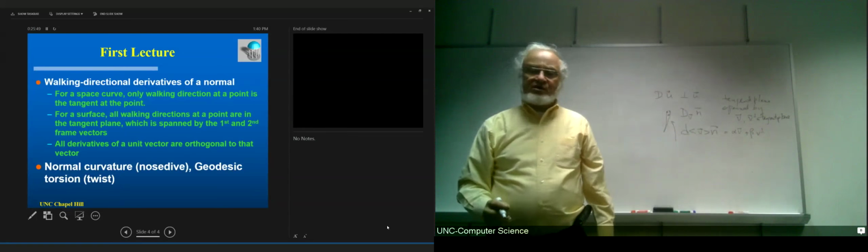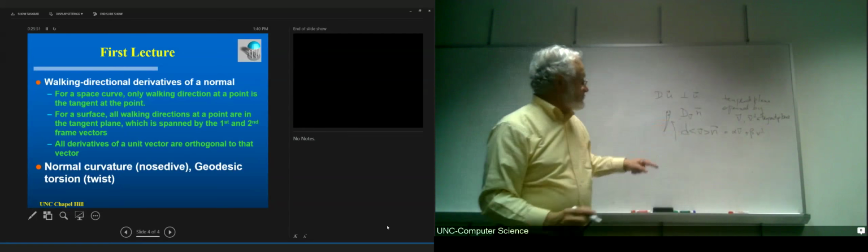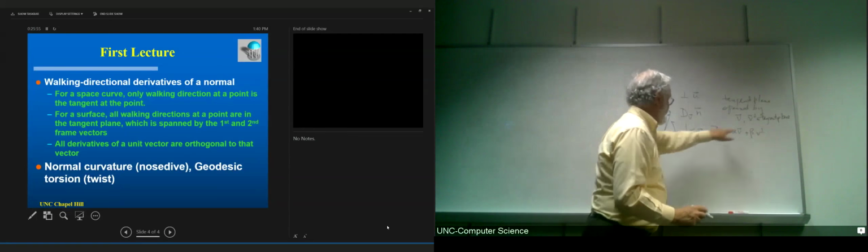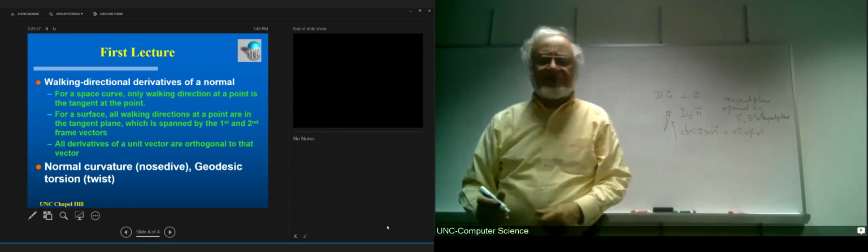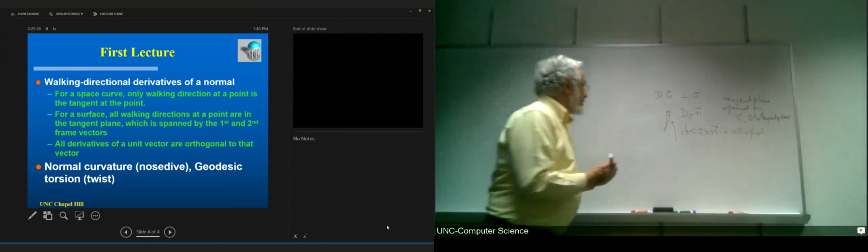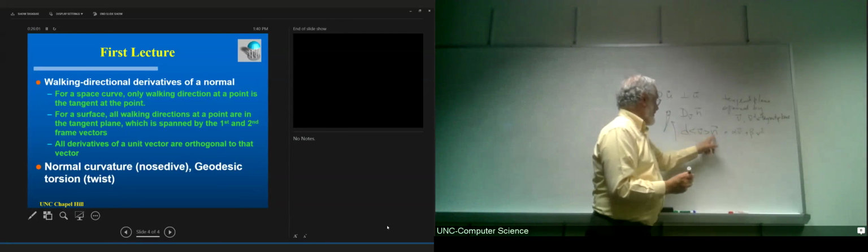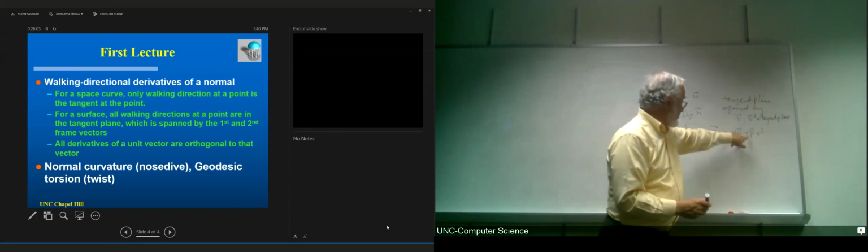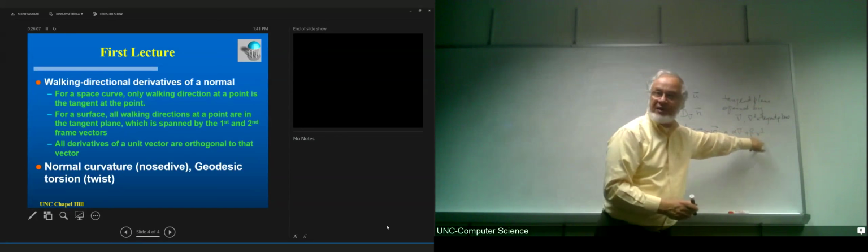So we can subdivide the swing vector, the change in the normal, as something times v plus something else times v perp.